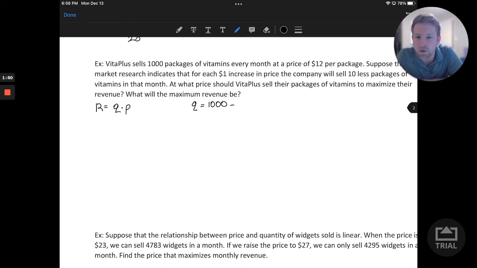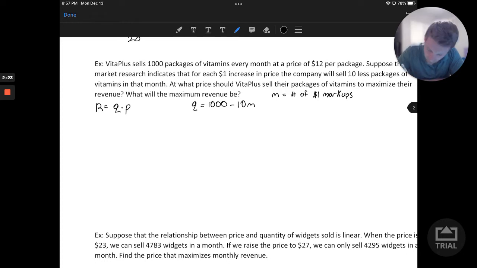Maybe we call that the $1 markup. We'll call that m, the number of $1 markups. We'll just use that as a variable, little m. So for every $1 markup, we should be going down by 10. So that would be 10 times the number of markups, so minus 10m.